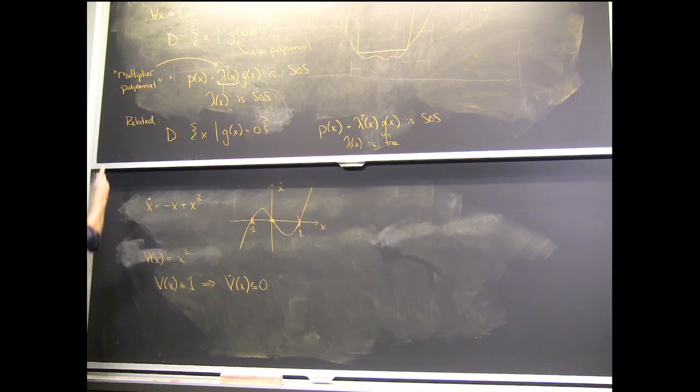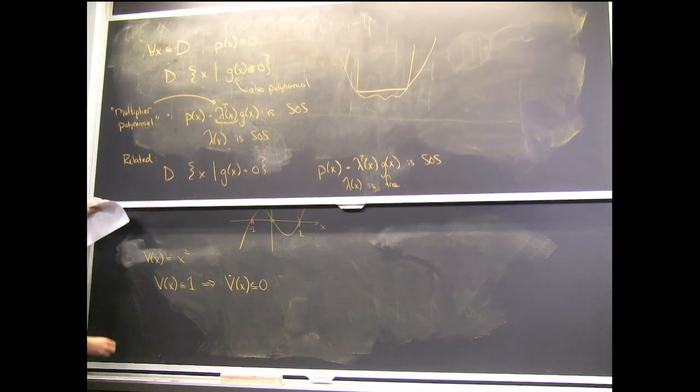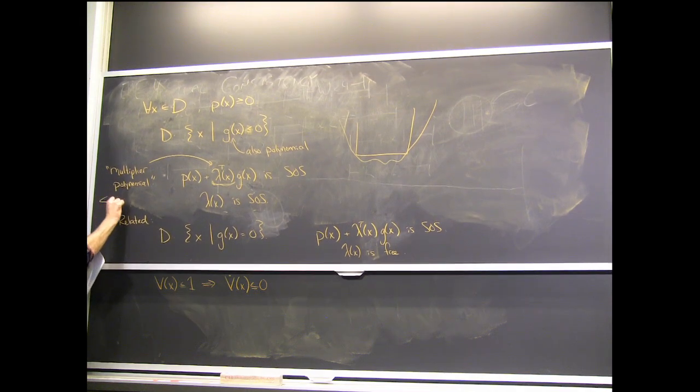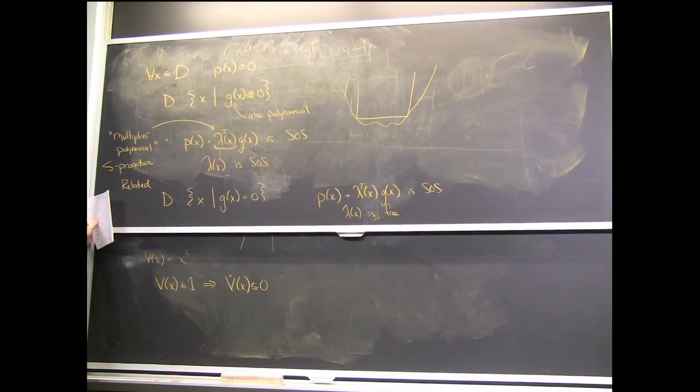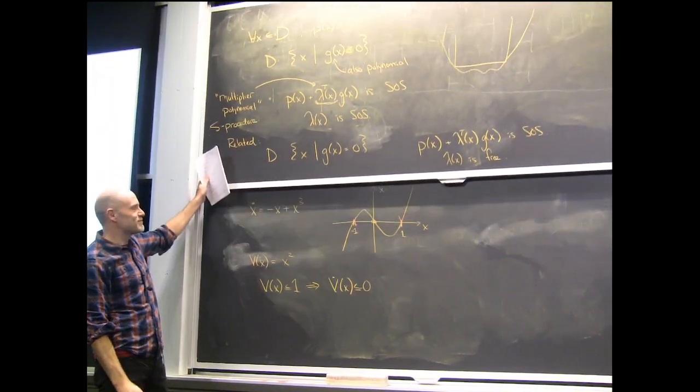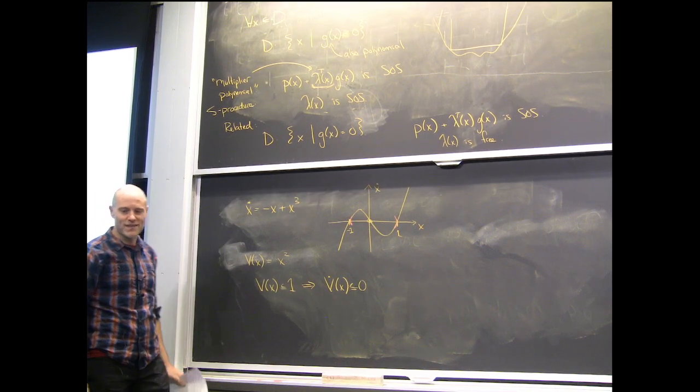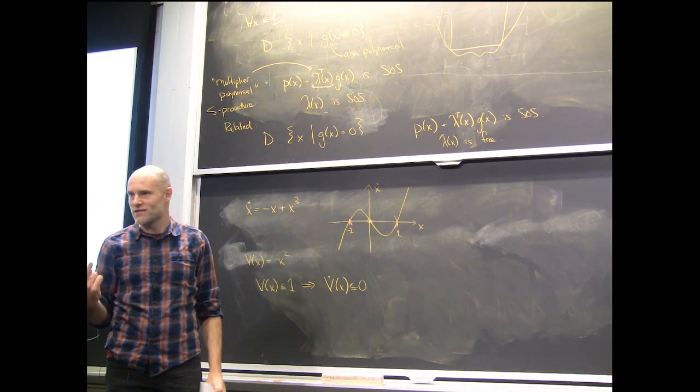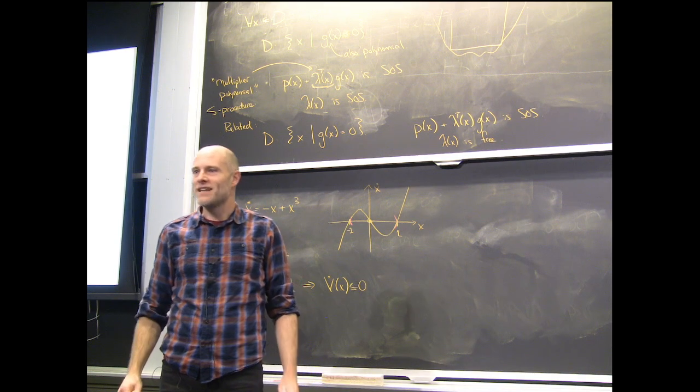This is famously called the S procedure. One year, someone asked me, why is it called the S procedure? I was like, I don't know. I go ask the experts. And one of the experts is Sasha Magretsky, who's a Russian mathematician in our department.